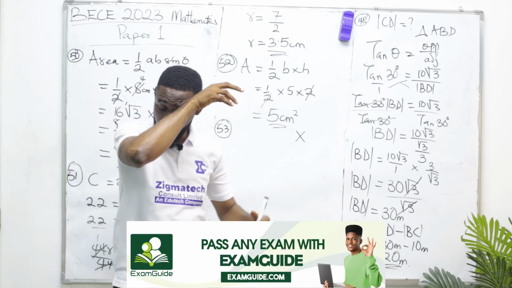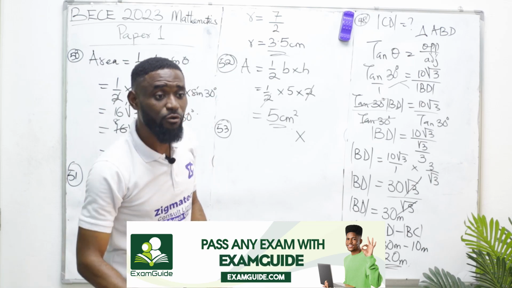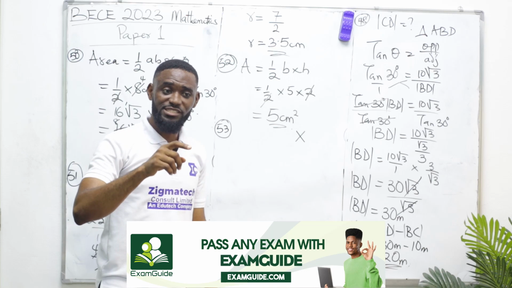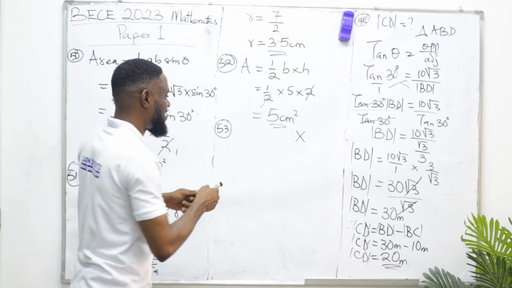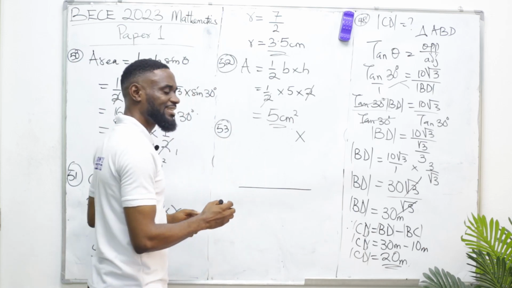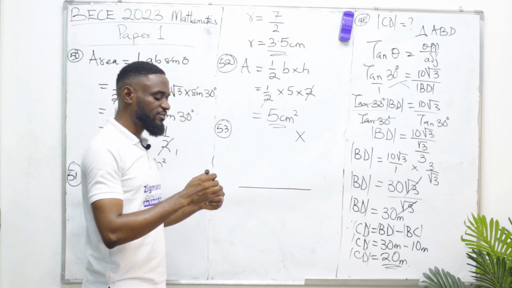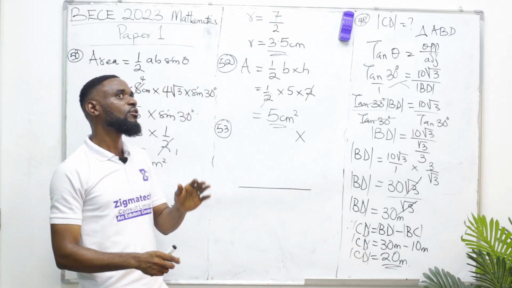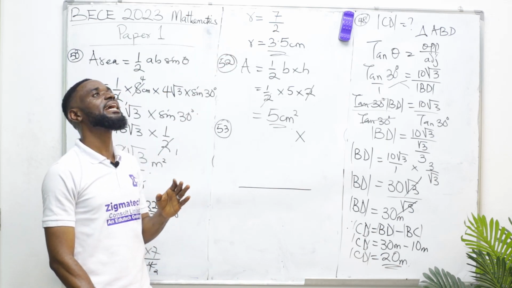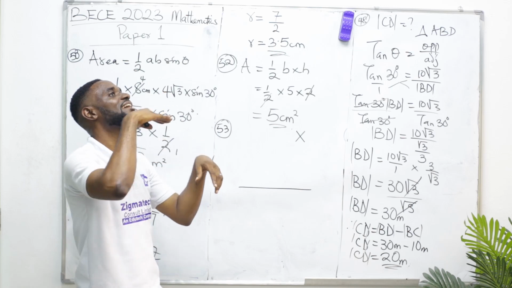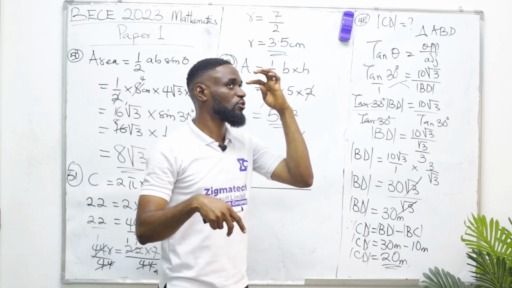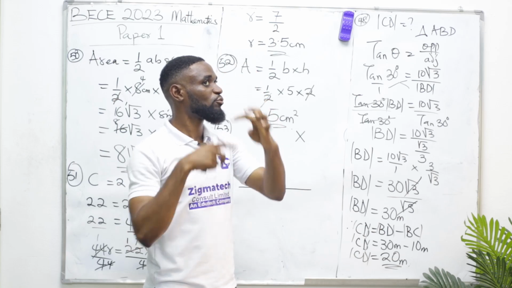Now, they said the angle of elevation of a vertical pole from a point P on the ground level. So let's have the ground level here. They say angle of elevation. Angle of elevation is the angle at a height, the angle you make with your eyes to the level where you started seeing, from the position of your sight to where you're looking.